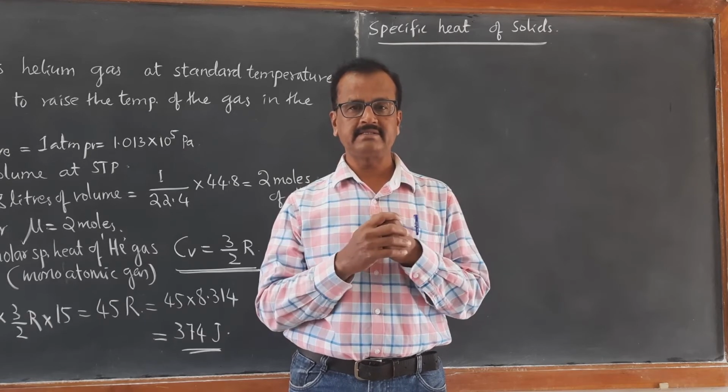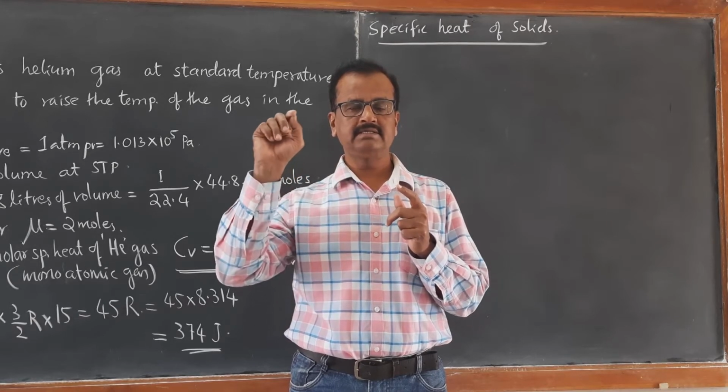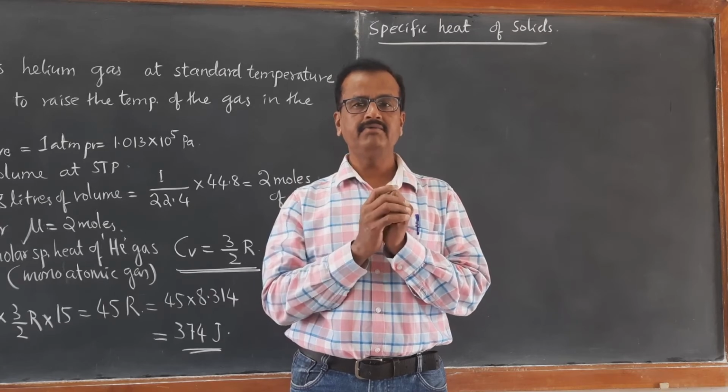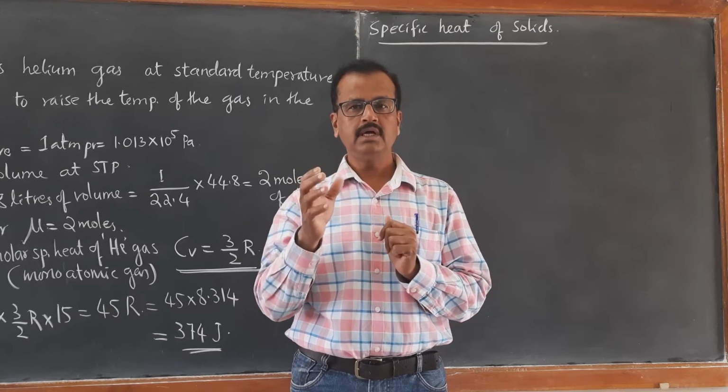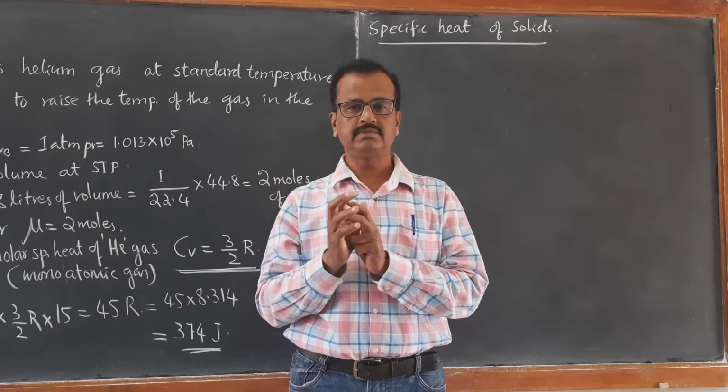We have obtained the Cp and Cv values for monoatomic gas, diatomic gas, and they can be calculated even for polyatomic gases. So Cp, Cv and gamma, that is Cp by Cv values, which were obtained by applying the law of equipartition of energy, are in good agreement with the experimentally observed values.